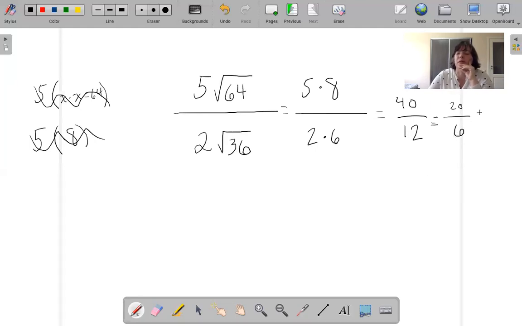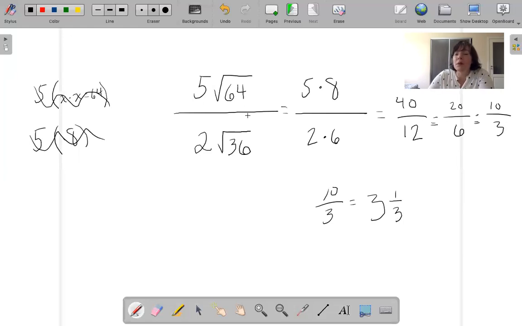Oh, wait, that's not simplified. 2 more. 2 goes into 20 10 times. 2 goes into 6 3 times. 10 over 3. And then we would really simplify it even further. How many times does 3 go into 10? 3 times. There we go, 3 and 1/3.